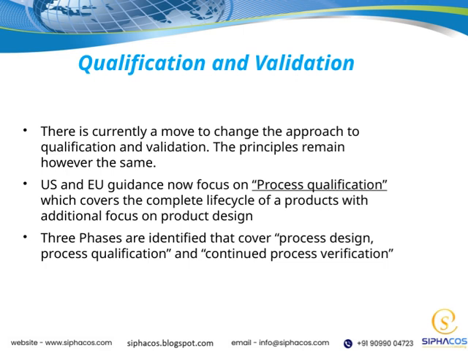And finally, continued process verification, to keep monitoring and ensuring ongoing compliance over time. These phases are interconnected, forming a continuous cycle of ensuring quality and consistency throughout the product's life cycle. It's a more integrated and comprehensive approach, aligning with modern regulatory expectations and industry best practices.